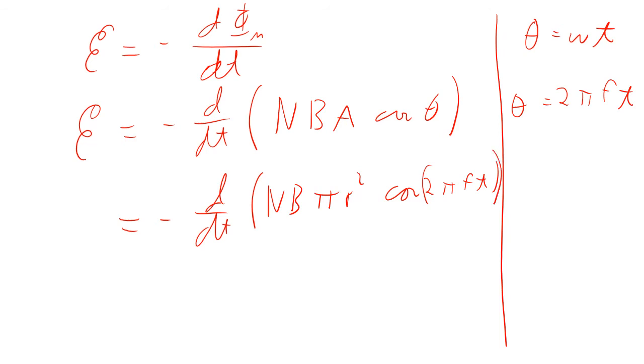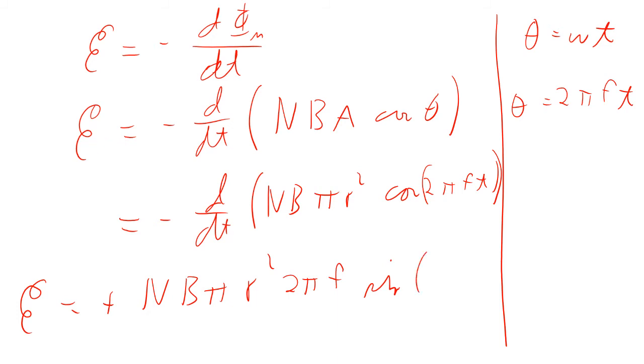Now all we have to do is take that derivative to find the EMF. So the EMF is minus the derivative, which is equal to N B pi r squared times 2 pi f times sine, make that plus, 2 pi f t.